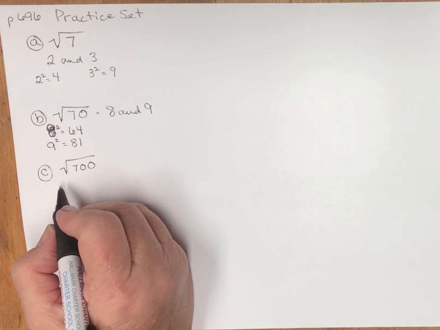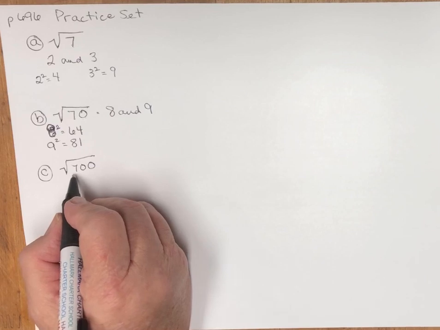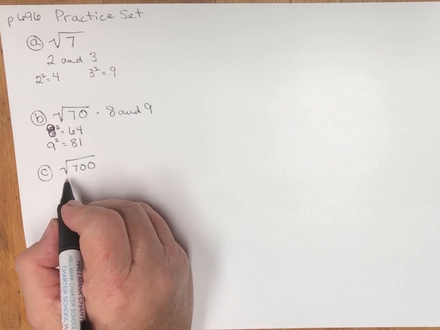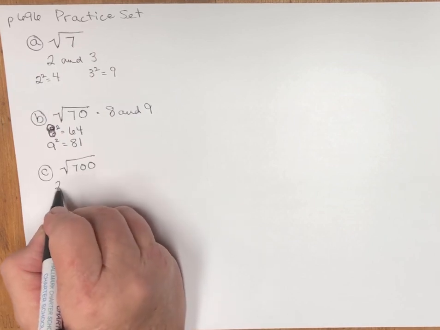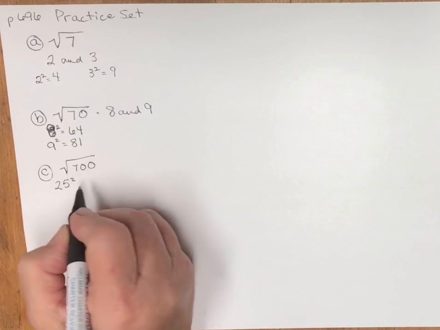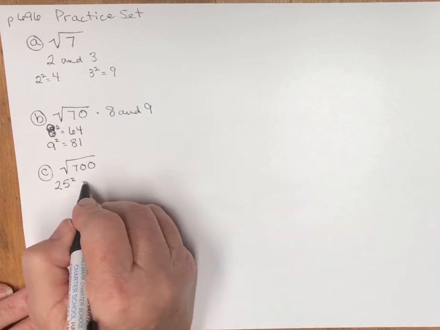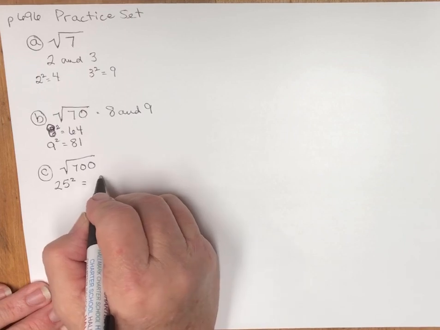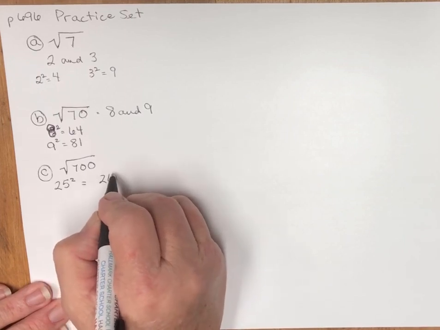We're not even close yet. 15 squared is 225. Let's try 20 squared is 400. That's getting closer. 25 squared is 625. Aha! Now I've got 25 squared. So now we need the upper limit. So let's try 26 squared.